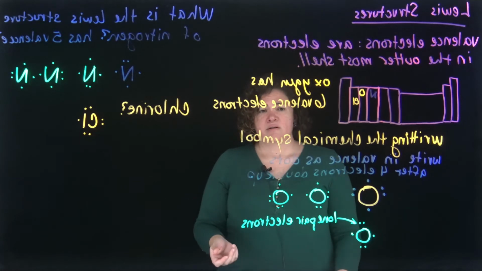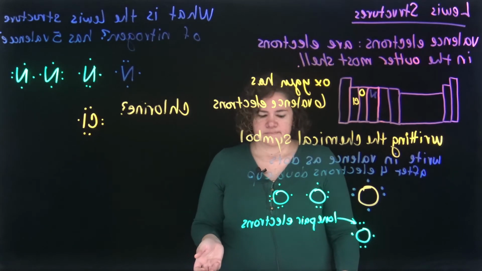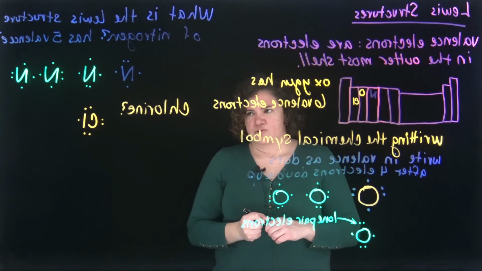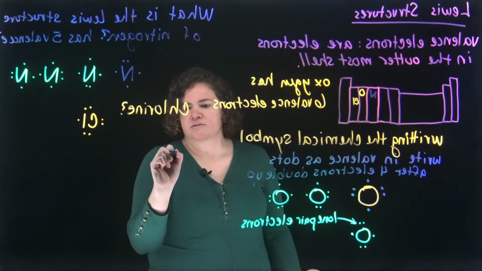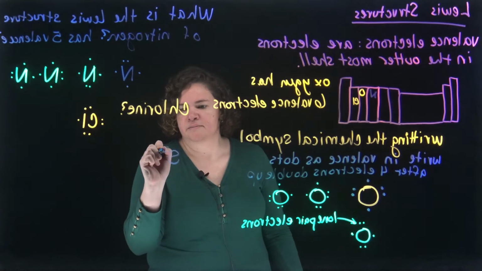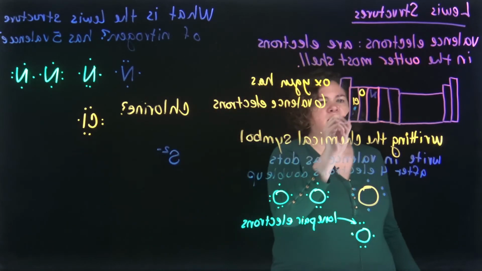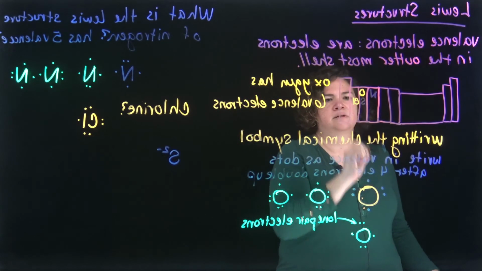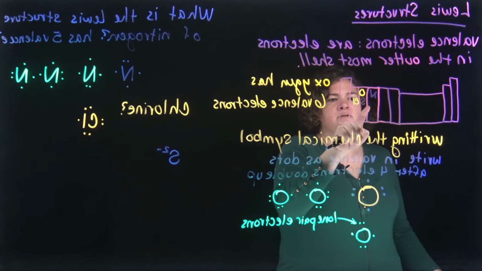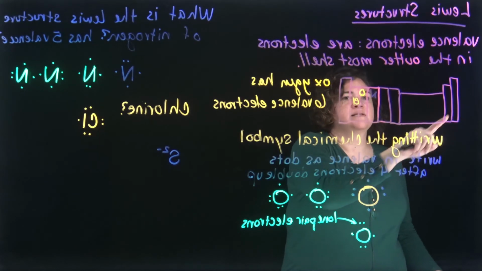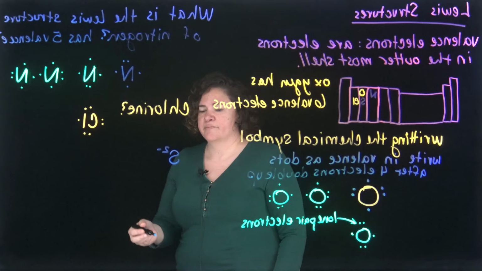What if there's a charge on the atom? Then what? Well, let's try sulfur 2 minus. What would that look like? Well, sulfur is located here on the periodic table. So we would have 1, 2, 3, 4, 5, 6 valence electrons to start.